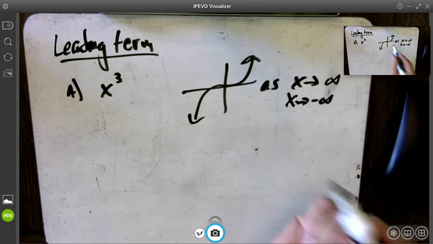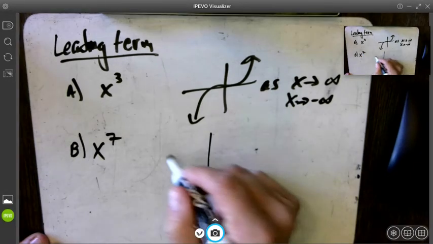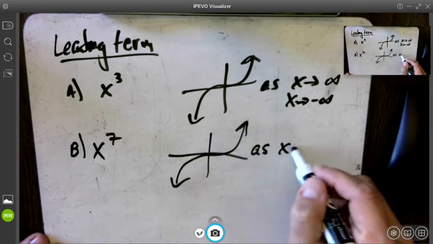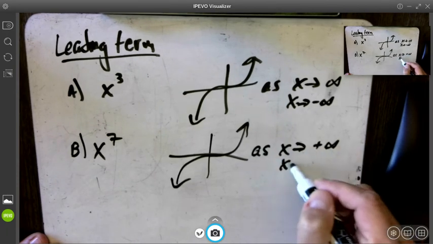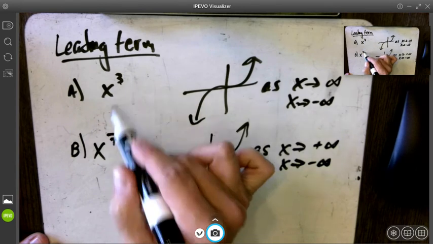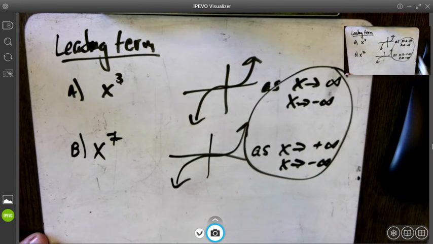Okay, that's how the graph's going to look. If my graph was x to the 7th, it's going to have the same shape pretty much as x goes to infinity and as x goes to negative infinity. So the key thing here to look at is these are all odd and they all have the same overall shape when we let x get really big.